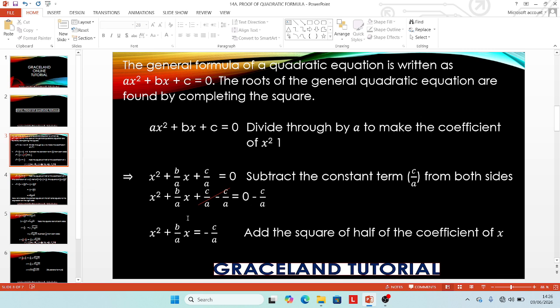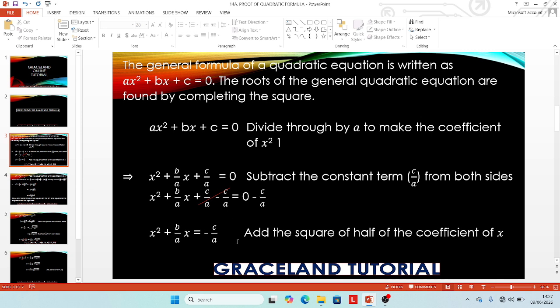Now, what is the result? X squared plus b over a x. Now, c over a minus c over a is 0, so we'll rule that out, which is equal to 0 minus c over a. 0 minus c over a is minus c over a.